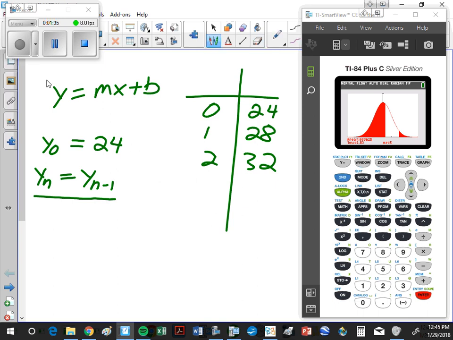So y sub 0 equals 24, and y sub n equals y sub n minus 1 plus 4. That might seem a little tricky, but it simply says, to find minute 18, what would we do? Minute 17 plus 4.